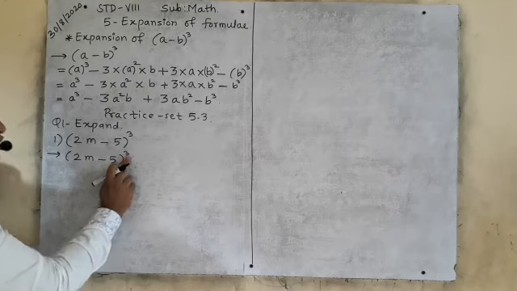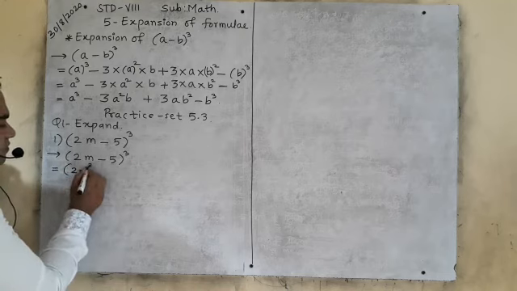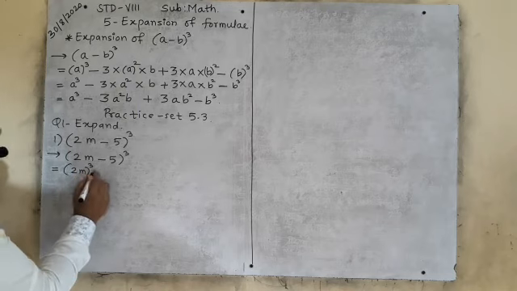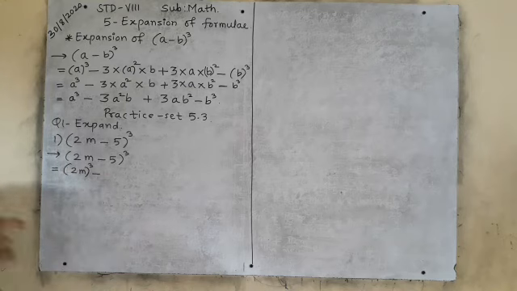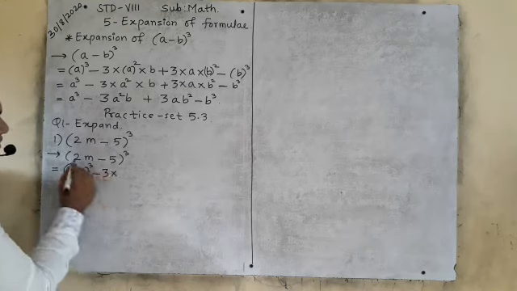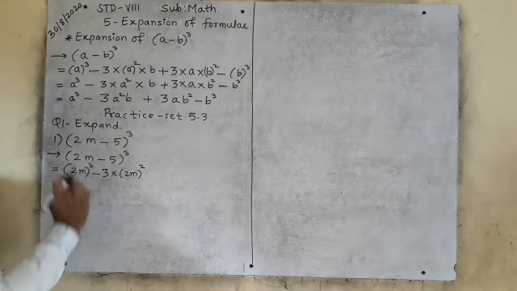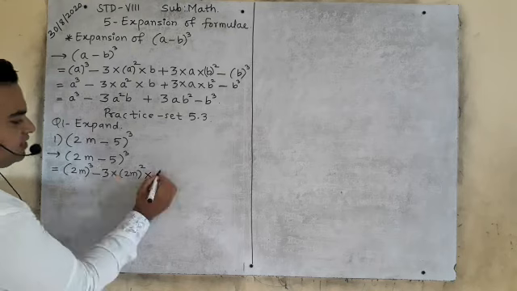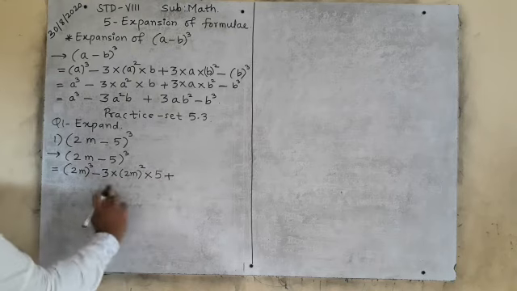First we will give this cube to the first term. Okay, first term is 2m cube. Sign is minus. Then you will give this cube to both the terms in the multiplication form. See, 3 multiplied by square of first term, multiply by second term 5. Is it clear? Now plus, same you will copy.